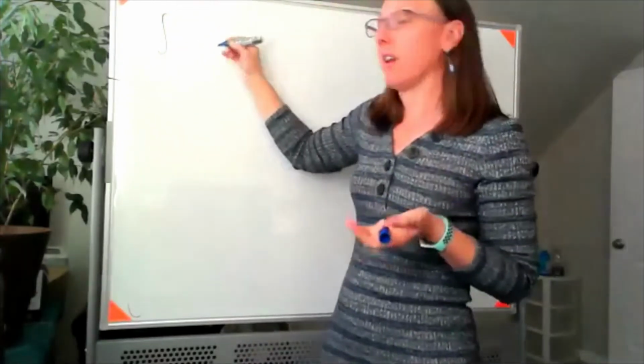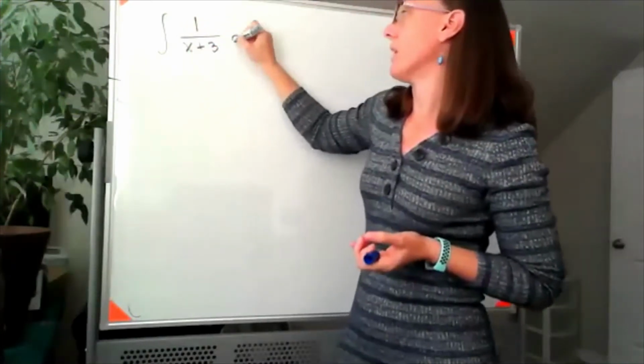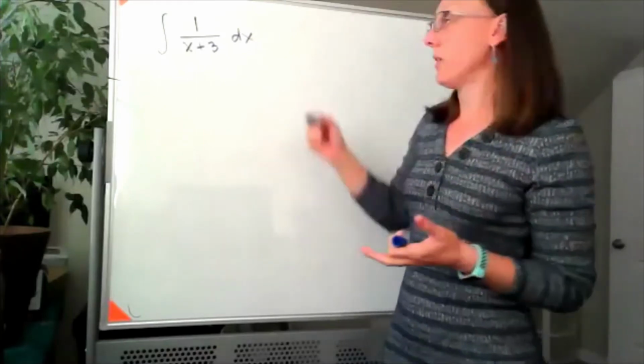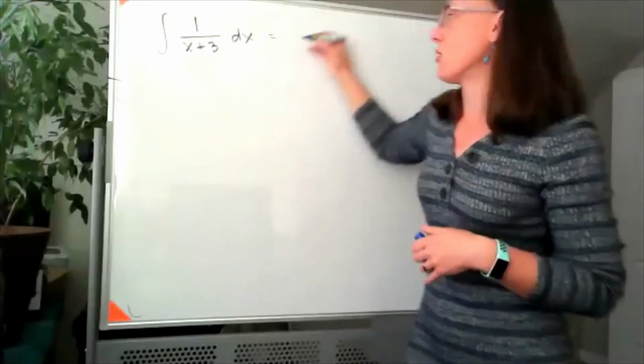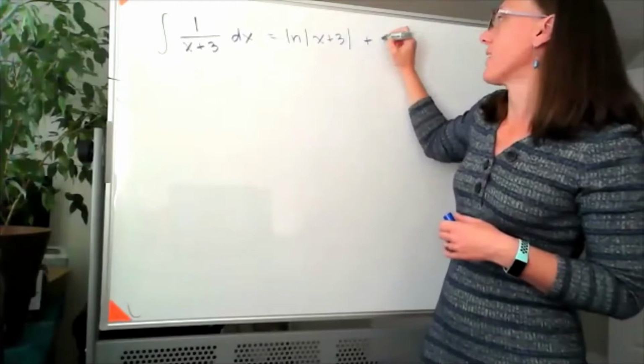If I just had 1 over x plus 3 dx, I think here most people are going to say pretty quickly, oh, that's natural log, because this is the derivative of natural log of x plus 3 plus a constant.